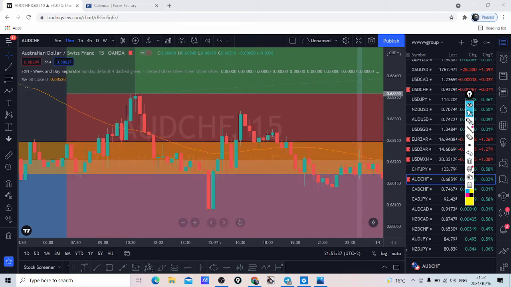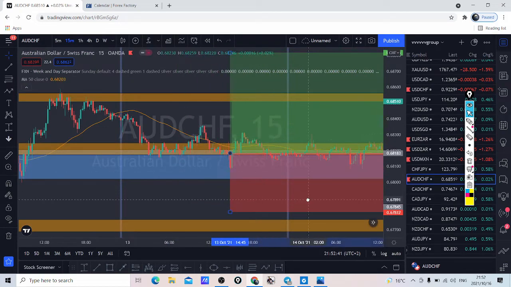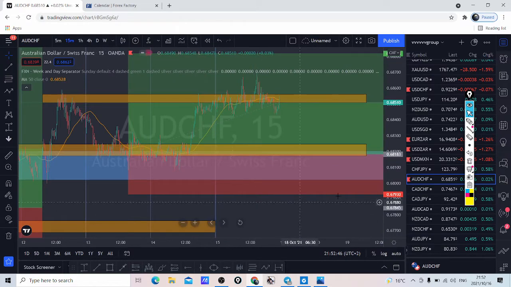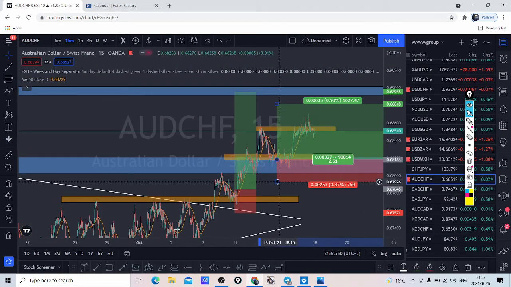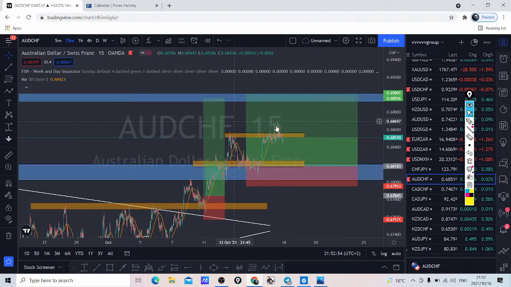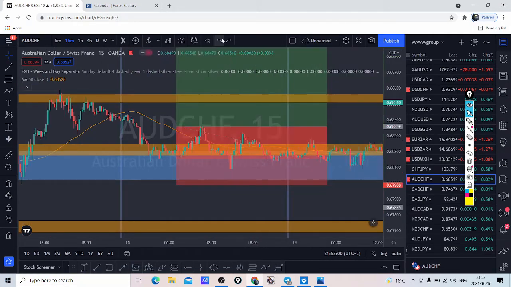That could have been a very nice entry with a very nice risk reward, something like this. And then TP here, we could have been targeting 3.5 R. So that's the power of knowing the low or the high of the day.